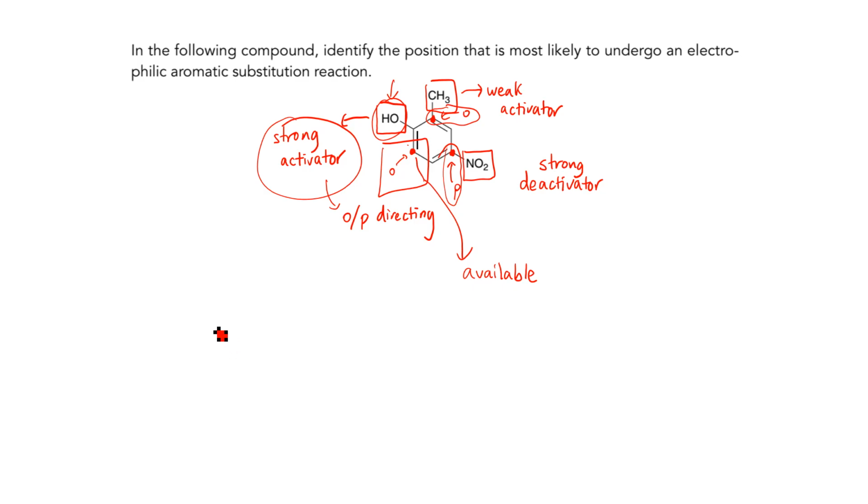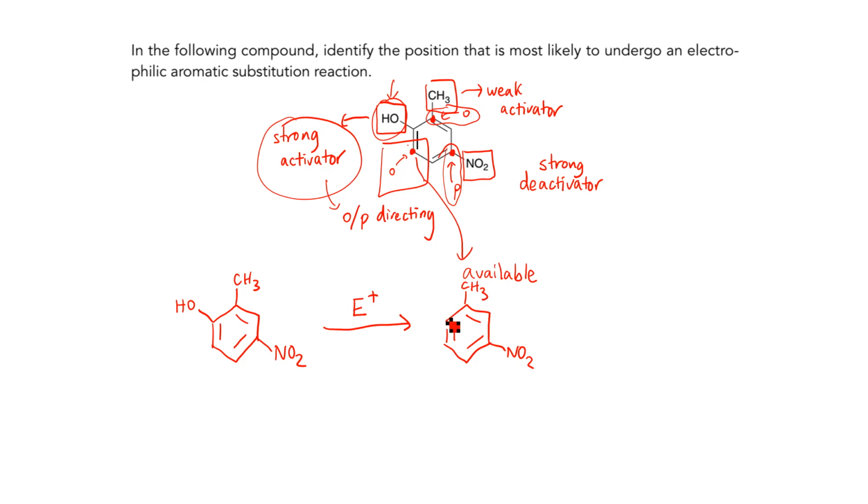So bottom line is, if I had an example problem where I just showed you, okay, here is your molecule. I'm just going to redraw what the problem gave us. And I said, okay, you have some electrophile, E+, right? Where is this electrophile going to attach? It's going to attach at that available position, which is right over here. I'm going to redraw everything the way that it was, CH3, OH, and the electrophile is going to go right over here, which is ortho, right?